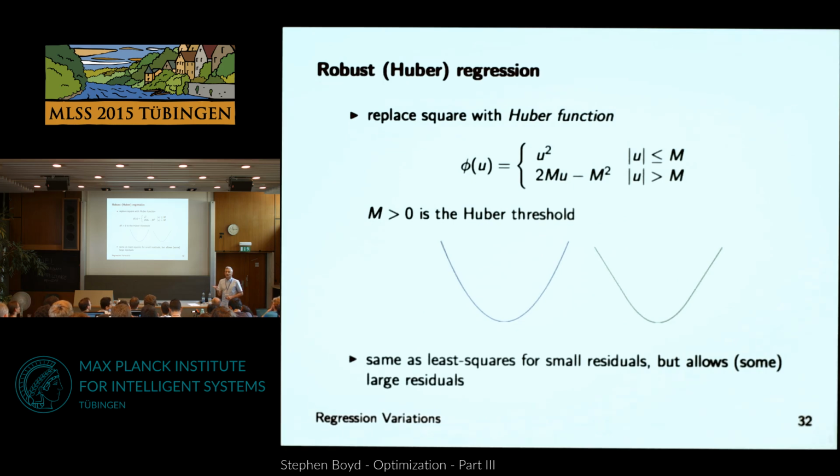If you take the square and you have a large residual, then you are large squared, which is you are very irritated. Everybody got that? Okay, so on the other hand, if you look at a Huber function, if you have a large residual, you are irritated, but you're not very irritated. Very is large squared. Okay. So there's a lot of theory behind this, and this solves some minimax problem over probability distributions and blah, blah, blah.